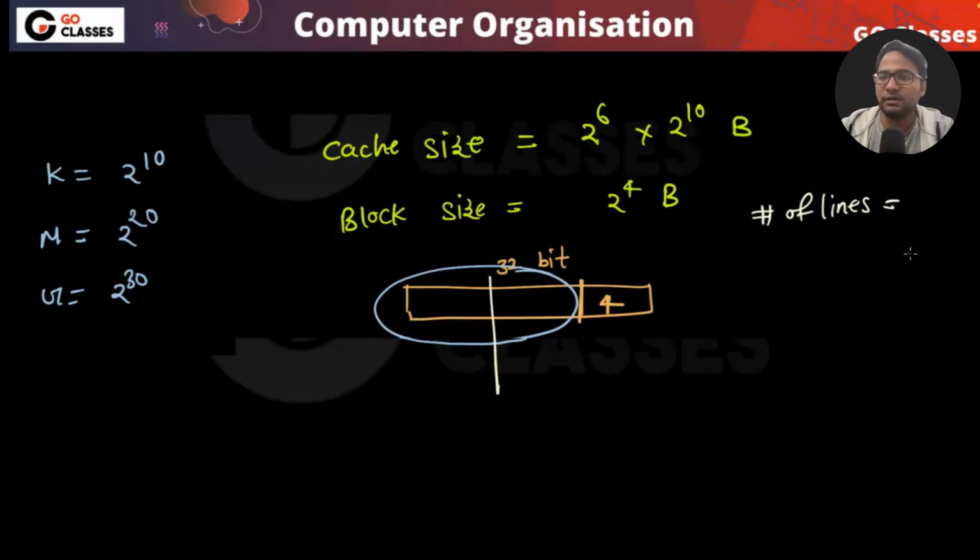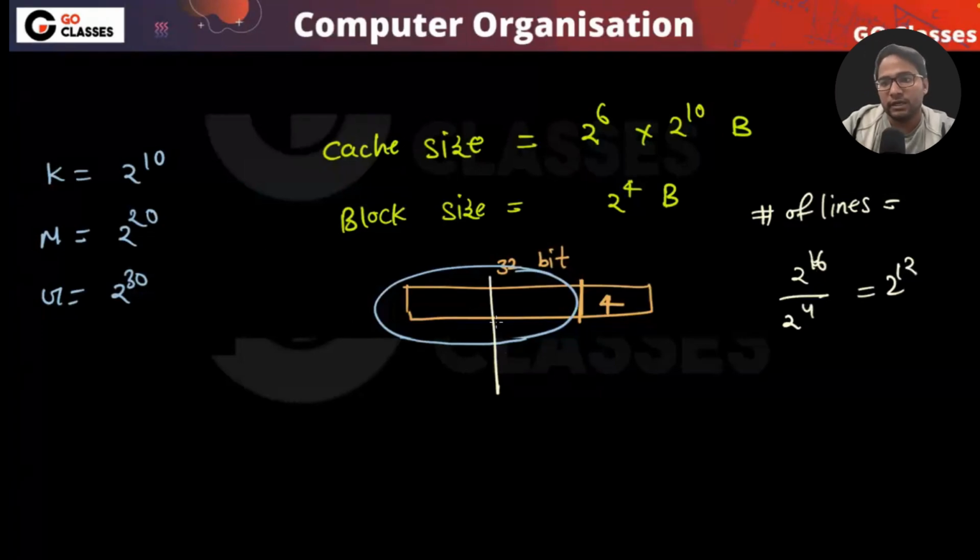I think there are 2 power 16 divided by 2 power 4, which means 2 power 12 lines are there. It means 12 bits we need for the line number, or we also call it index. For the index, we need 12 bits.